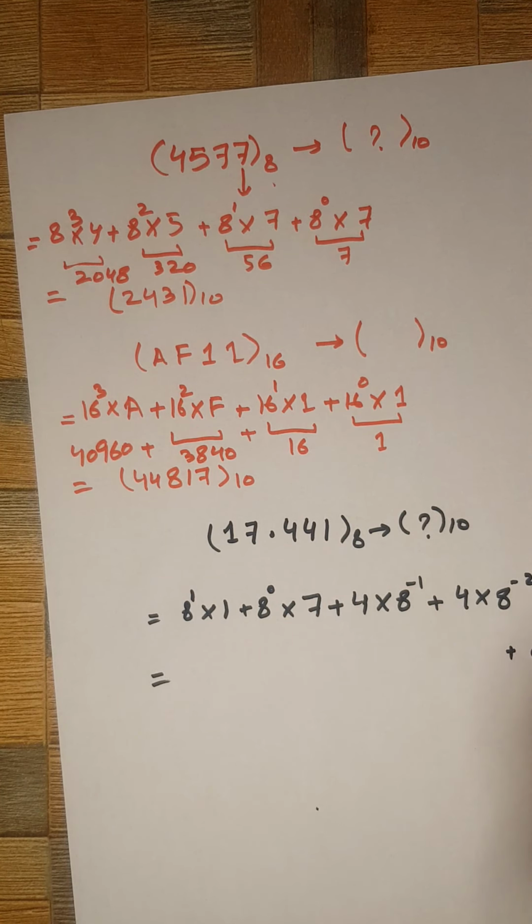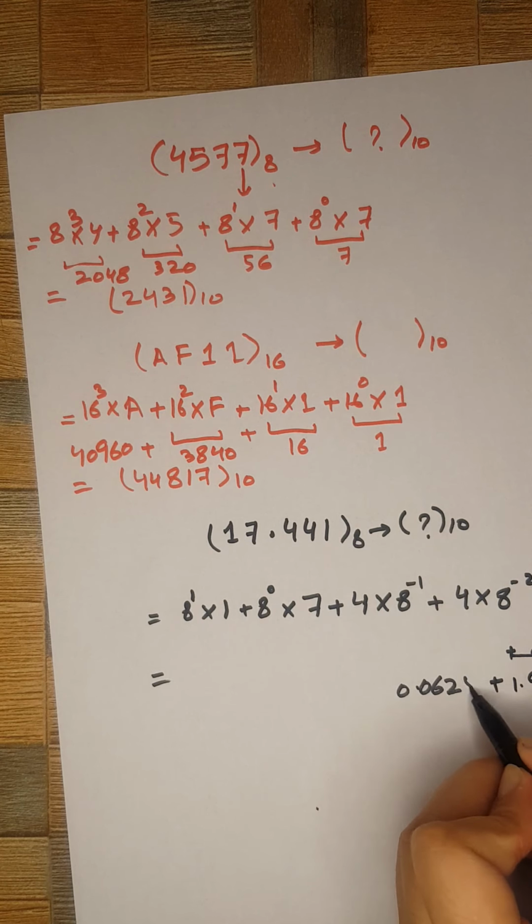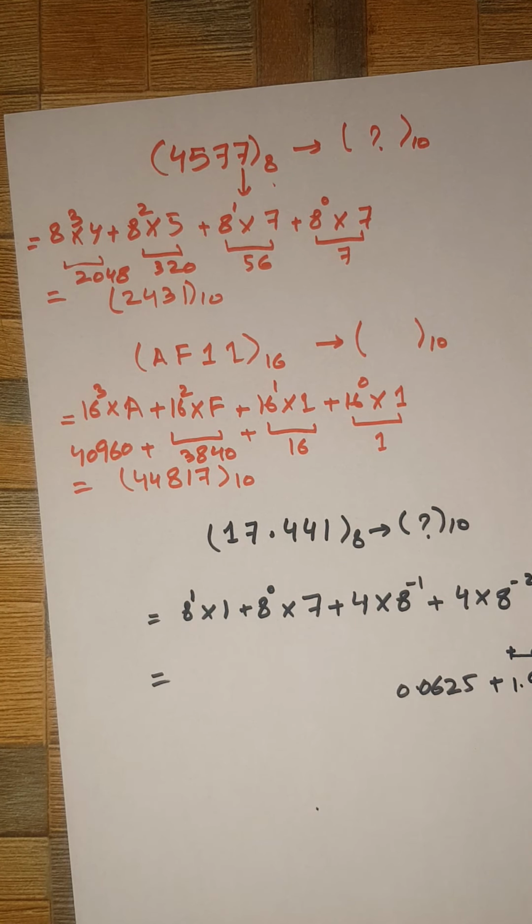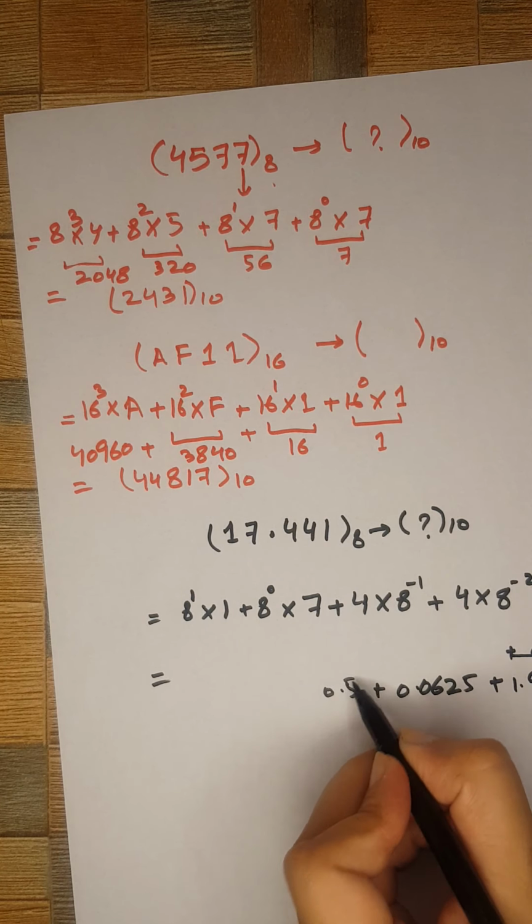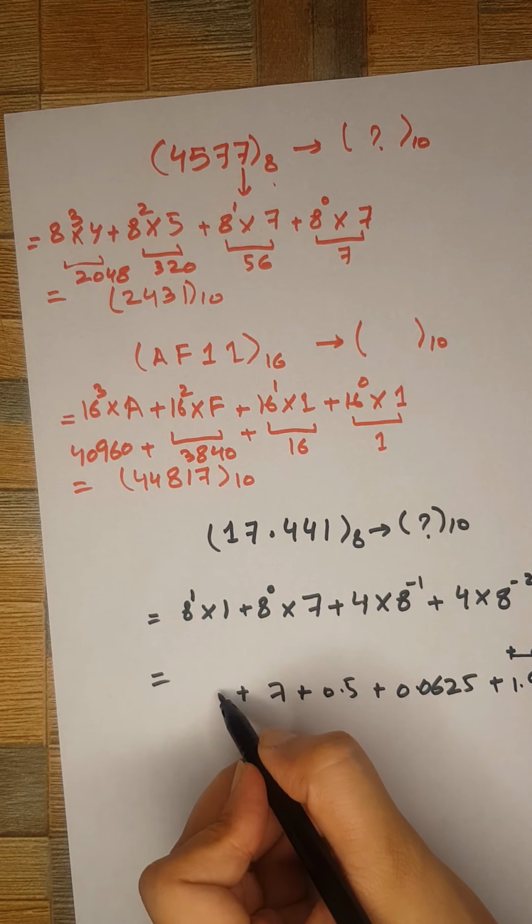Sorry, this is minus 3, so let me correct it. 8 raised to power minus 3 is equal to 1.953125 into 10 raised to power minus 3, plus 8 raised to power minus 2 multiplied by 4, which gives 0.0625, then 4 multiplied by 8 raised to power minus 1 is equal to 0.5, then 7 plus 8.